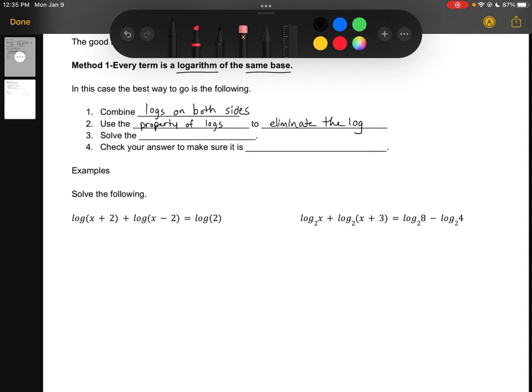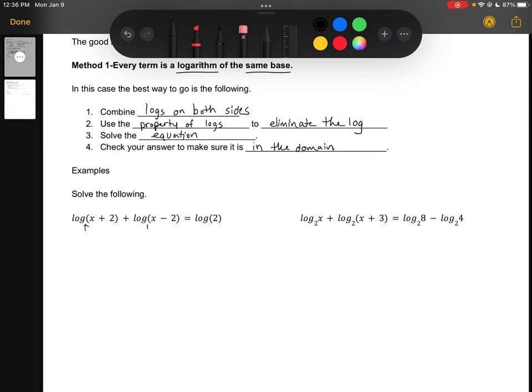So the benefit of this is if you can just get one log on the left and one log on the right, we can just solve the insides and ignore or eliminate the logs. Lastly, we can solve the equation that generates, and we also have to make sure that it is in the domain. So double checking to make sure it doesn't give us an overall negative log.